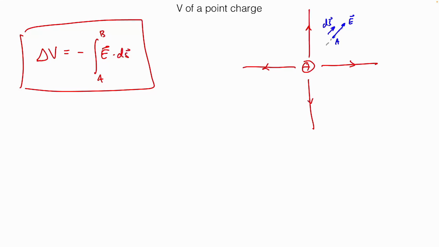Basically this integral becomes delta V equals negative, and then I've got to have 2 points here, more on that in a second, E times dr. What happened to my ds? What direction am I integrating along here? If the electric field is a bad hair day moving outwards, which way am I going to integrate? Outwards, right? And that is the away direction, which would be the dr direction. S being generic for any direction, R being specific for that away from direction.